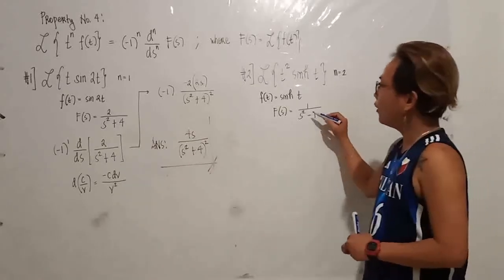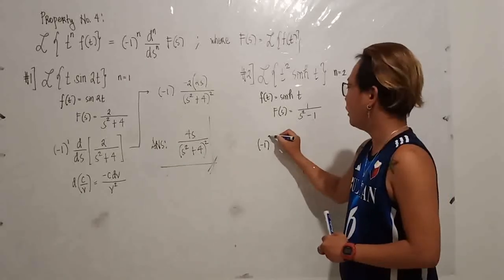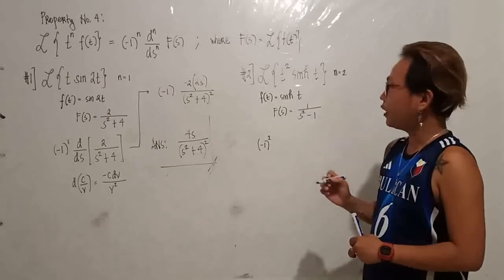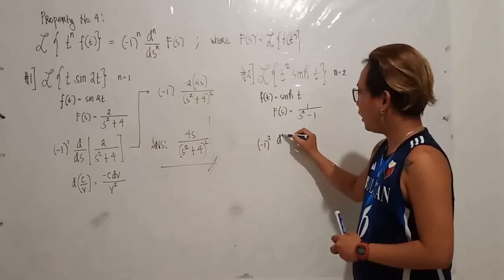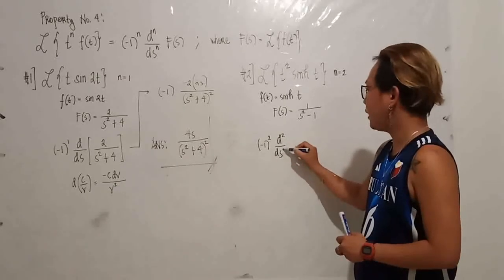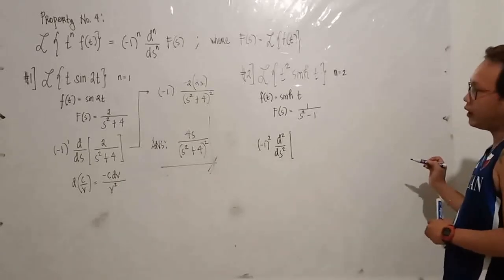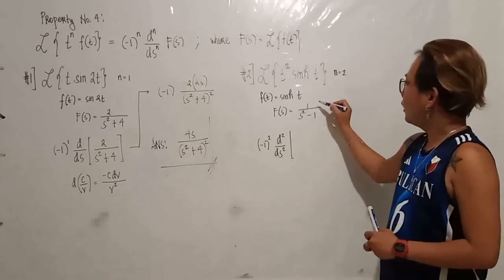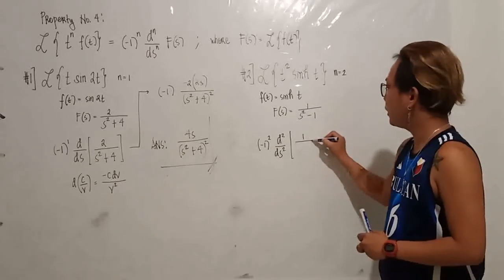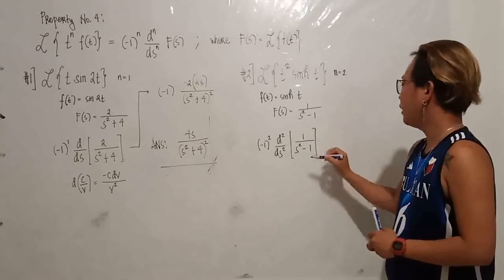Then following your formula again, that is -1 raised to n, which is 2. Then you will take the second derivative of the F of s, which is 1 over s squared minus 1.